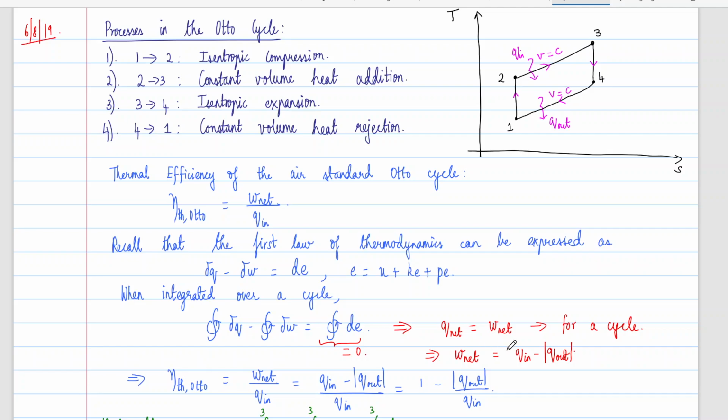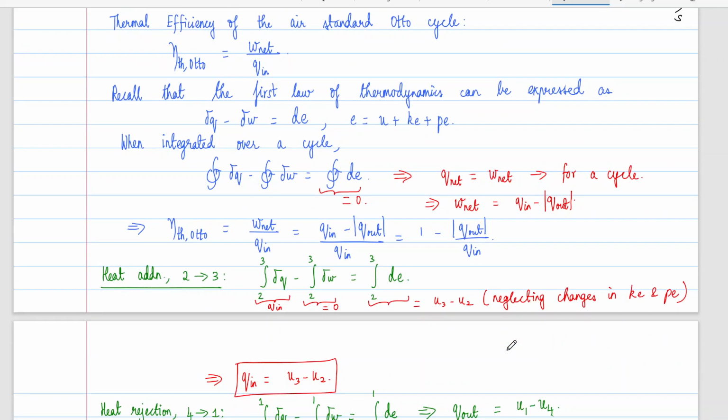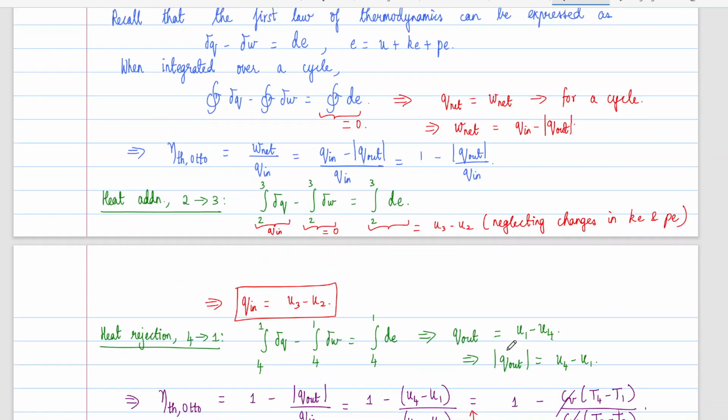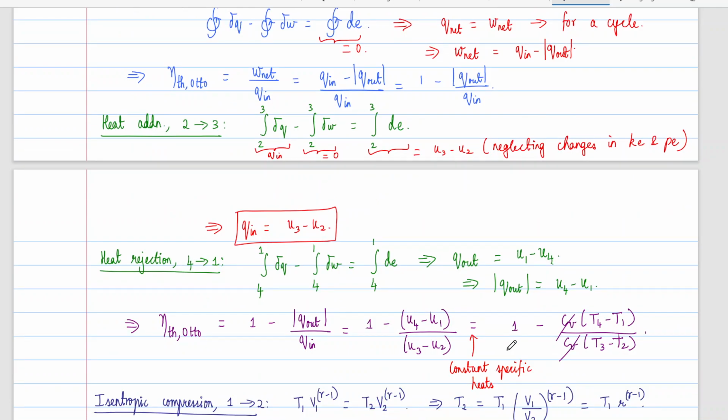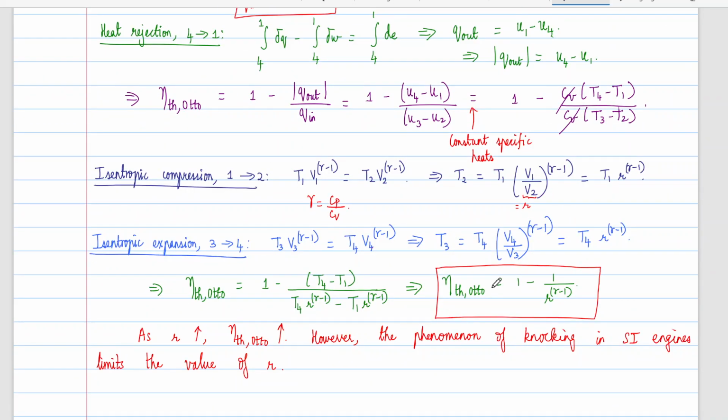If you look at this entire process, the final answer you can calculate using this expression, where eta thermal Otto is given by 1 minus 1 over R to the power gamma minus 1.